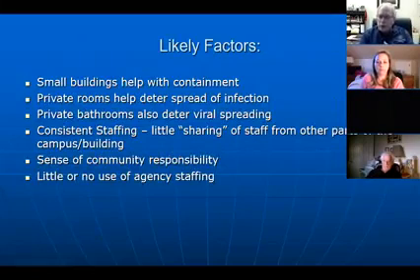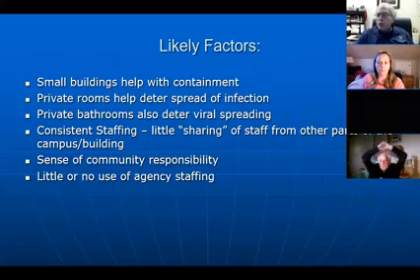Many of them are former or current county homes where they have, in some cases, 3 or 4 people still in a room. And all of those things really make it hard to contain any viral outbreak. So we have small buildings, only 10 people. We have private rooms and private bathrooms. Again, it makes it much easier, even if one resident were to be infected. It's literally easy to isolate them.